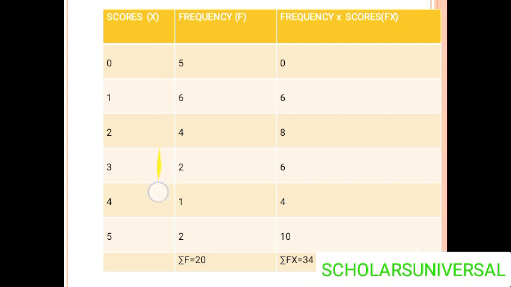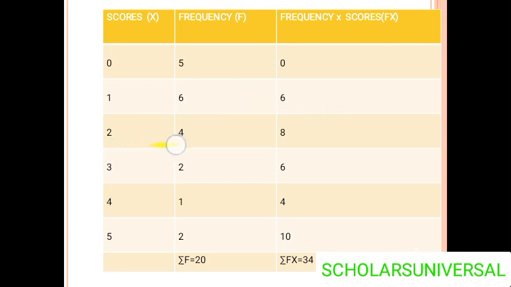These are the scores, and frequency is the number of students that participated. So what do we have for the mean? Instead of adding 0 in 5 places, 1 in 6 places, 2 in 4 places, 3 in 2 places, it has already been grouped. So adding 0 in 5 places is 0 times 5, that is 0. Adding 1 in 6 places is 1 times 6, which gives 6.